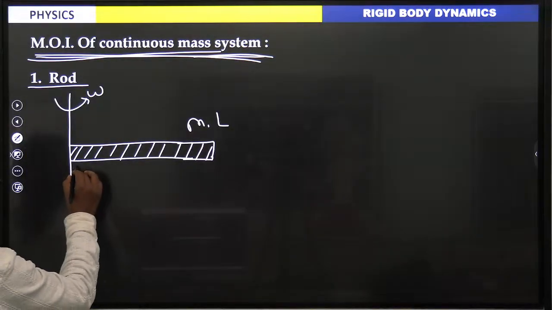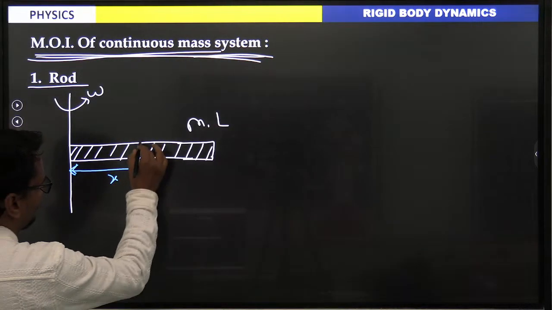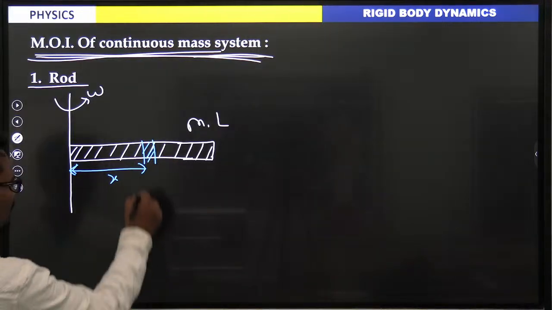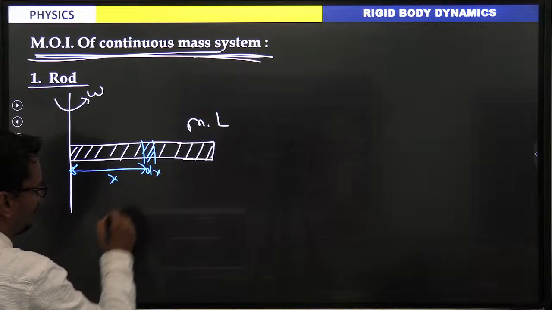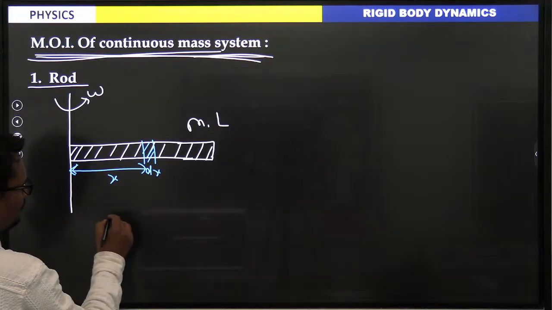First of all, take an elementary cut from here, of length dx. Clear? Dx length, an elementary cut, and we can find the mass of this element by using a simple geometric method.